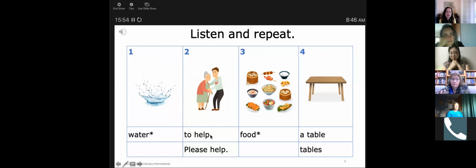That when we introduce it here, the to is just kind of our little cue to show them that this is a verb instead of a noun or an adjective. But that's a good point. That can be confusing.